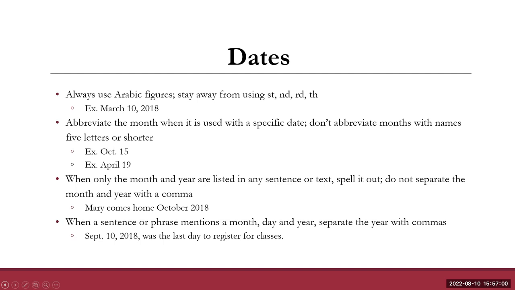For example, you can abbreviate October, but you would not abbreviate April. When only the month and year are listed in any sentence or text, spell it out and do not separate the month and year with a comma. And when a sentence or phrase mentions a month, day, and year, separate the year with commas.